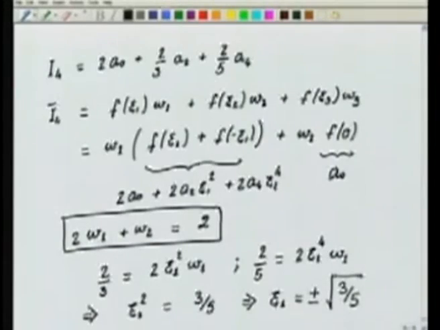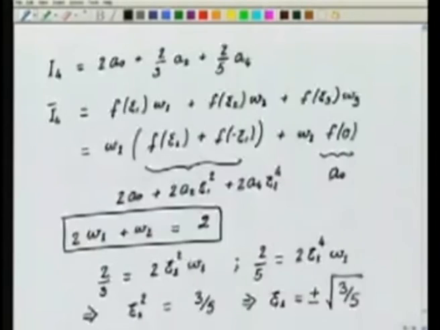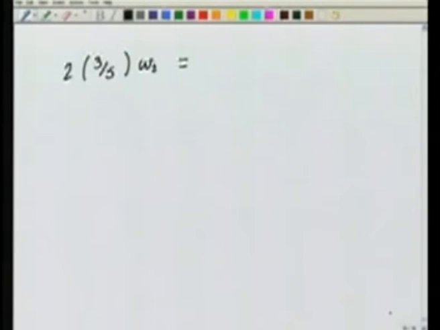See, it's very easy to get these integration point locations, though as the number of points increases, the task becomes more and more laborious. Now substituting this expression for psi1 squared into our previous equation, 2 psi1 squared W1 is equal to 2 by 3, which implies W1 is equal to 5 by 9.